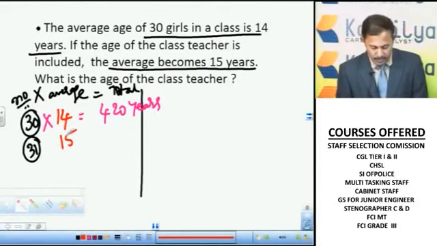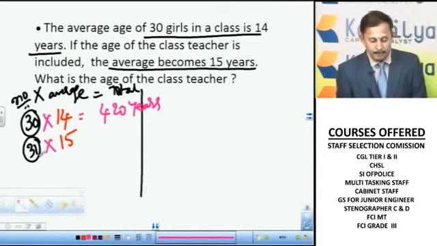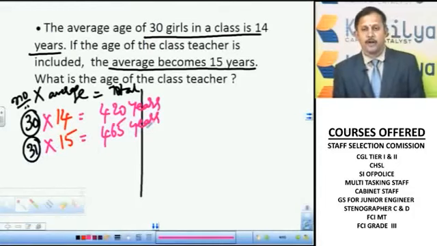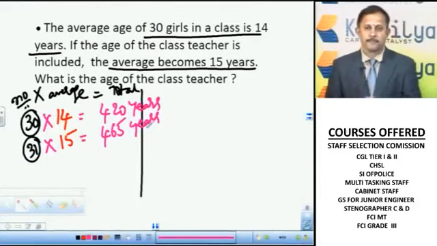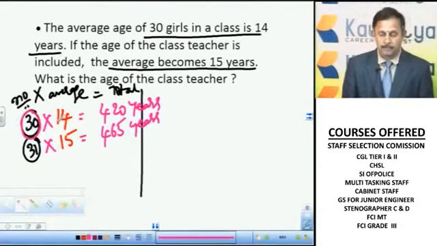Number of candidates 31 into average, so 465 is the total age of all the students and the teacher together. So once again, the number of students is 30 and their average is 14.